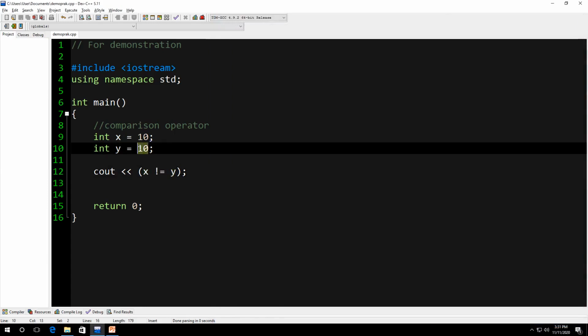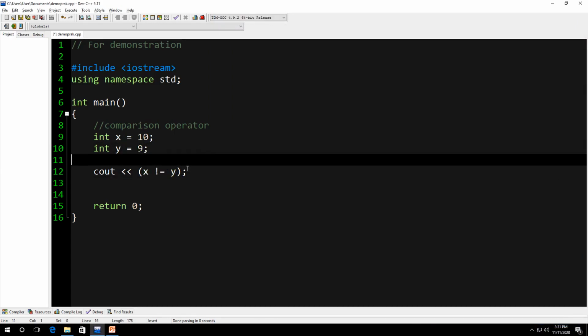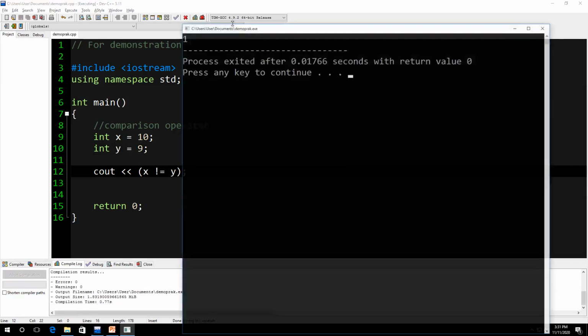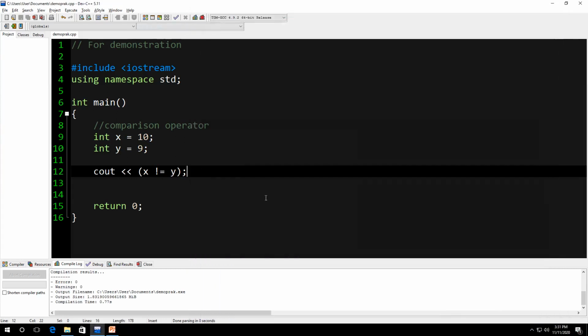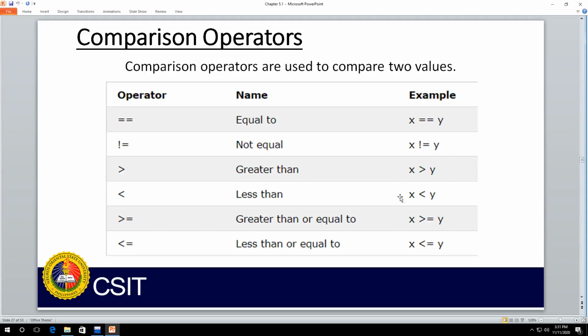If we change their value, it will give you true, since 9 is not equal to 10. That is correct. They are not equal, so you have 1 or true. Still the same, it will give you true or false since you are just comparing two values. So you will be using comparison operators once you are working with loops and conditional statements.